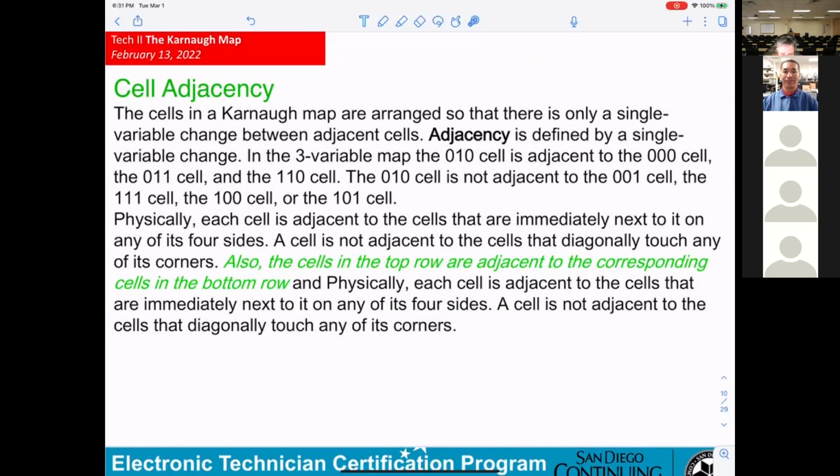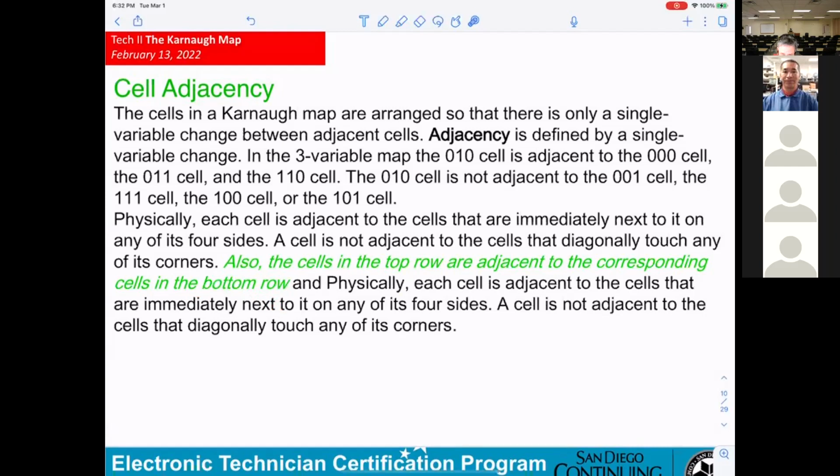Physically, each cell is adjacent to the cells that are immediately next to it on any of its 4 sides. A cell is not adjacent to the cells that diagonally touch any of its corners. Also, the cells in the top row are adjacent to the corresponding cells in the bottom row.